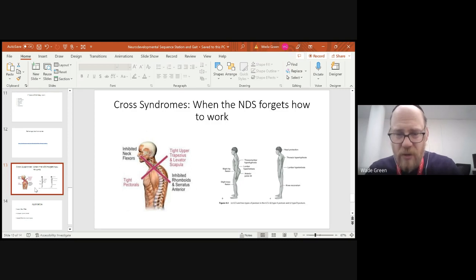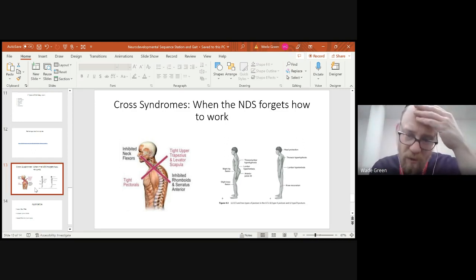A lot of us have this, where maybe we sit for too long at a desk, or we're constantly looking down at our phones. Our shoulders start to round forward, and our neck tucks forward. This is an example of what's called upper cross syndrome.